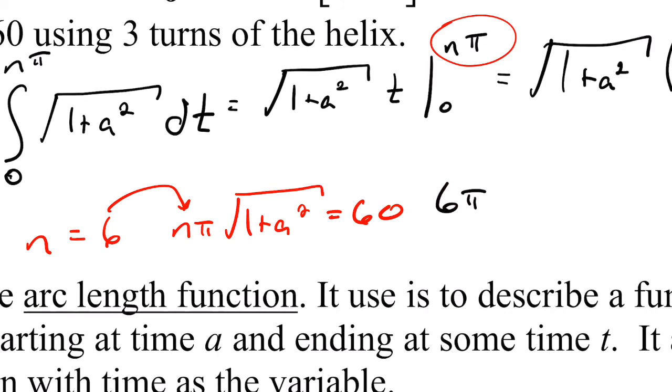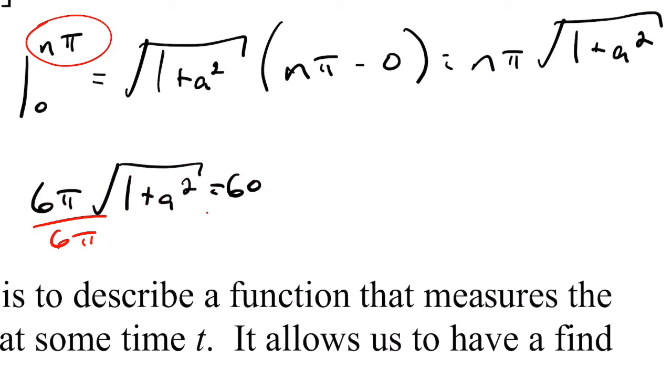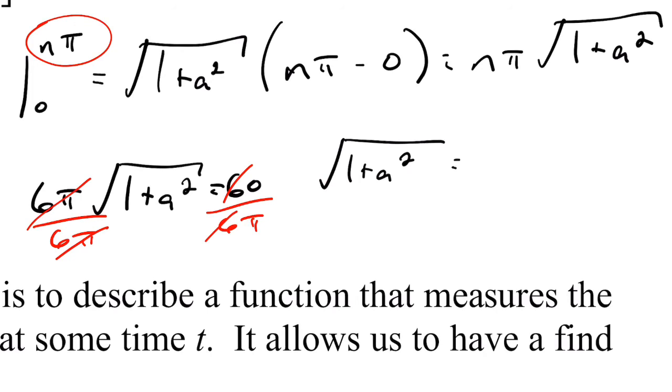So we have 6 pi square root of 1 plus a squared is equal to 60. Divide both sides by 6 pi. That gives us the square root of 1 plus a squared is equal to 10 over pi.